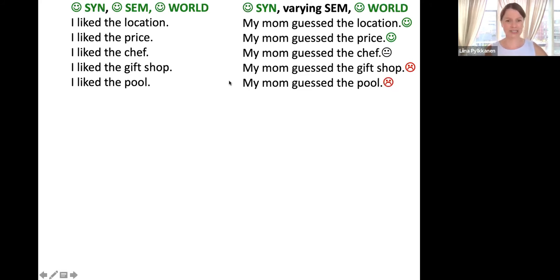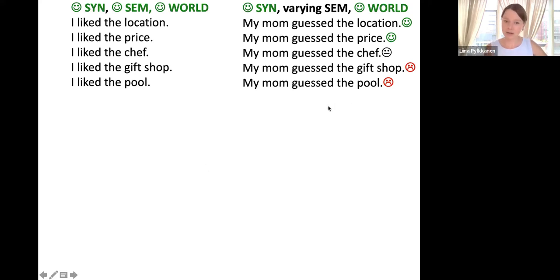Equally, there's just something a little off about this sentence. Here I've labeled the set of examples as syntax being fine and world knowledge being fine. But what I'm varying is the semantic properties of these expressions. The first two examples are totally fine, but then something starts to go wrong.